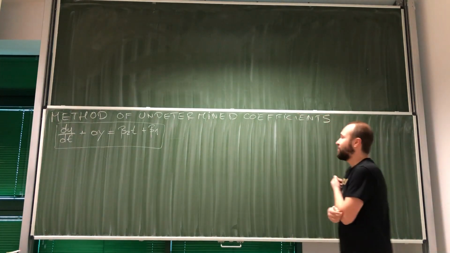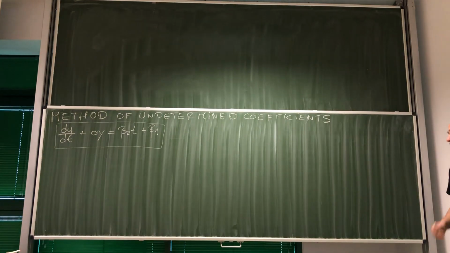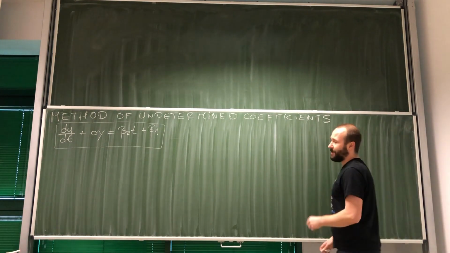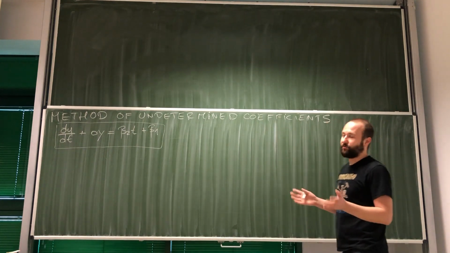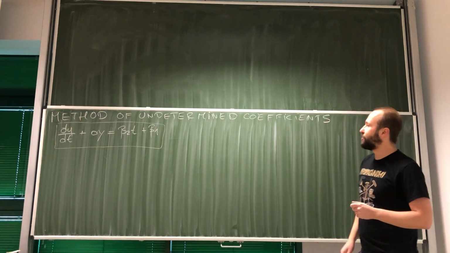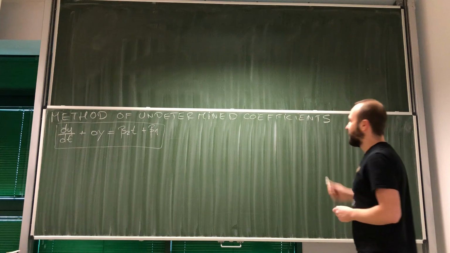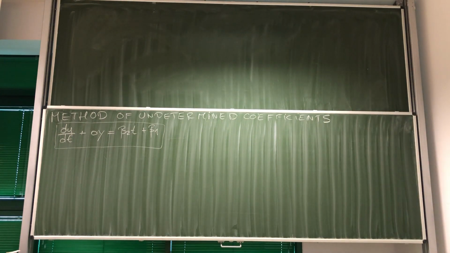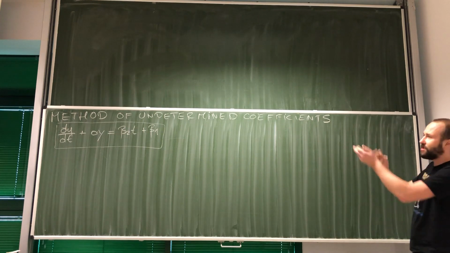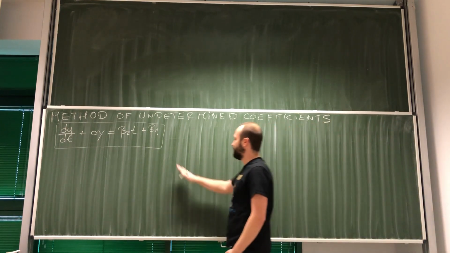But as I mentioned during this video, there is a method that allows us to go around this problem. This method is called the method of undetermined coefficients, and this is the method we're going to learn how to use right now on this particular example.